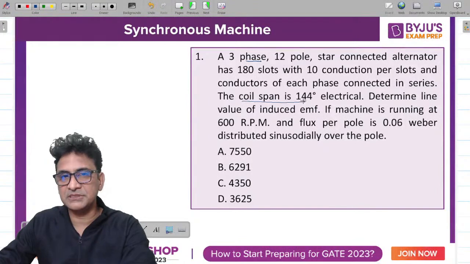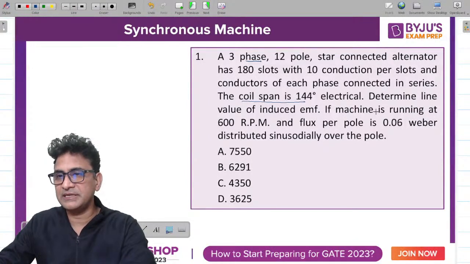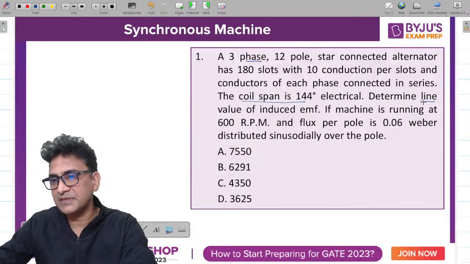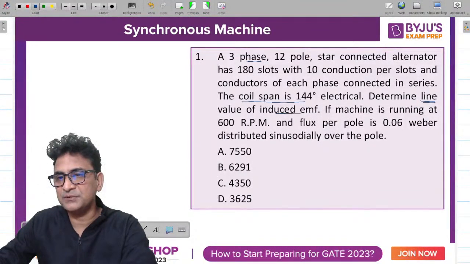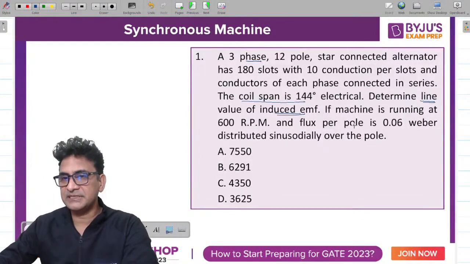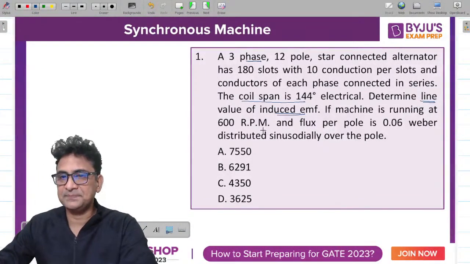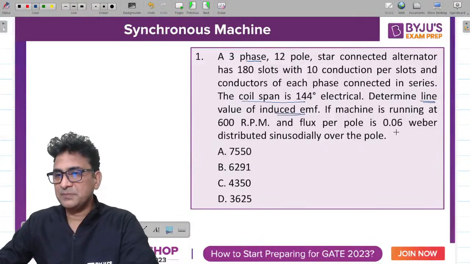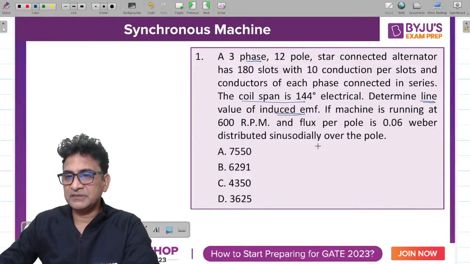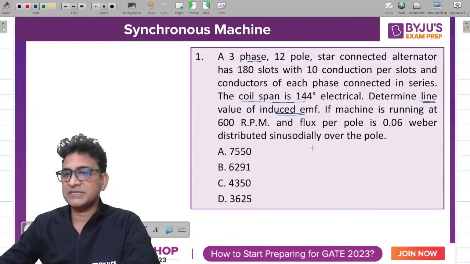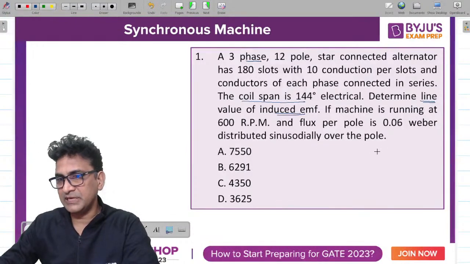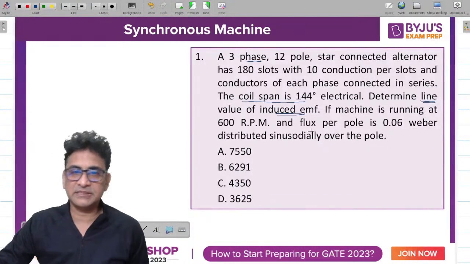The coil pitch is 144 electrical degree. Determine the value of line EMF, not the phase EMF, the line induced EMF. If the machine is running at 600 RPM speed and the flux per pole is 0.06 Weber and it is distributed sinusoidally over the pole, that means no harmonics are existing here.